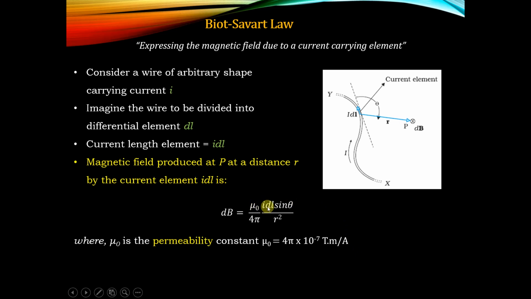I dl is the small current element which we have considered. Theta, as I said, is the angle between the tangent to the current element and the line joining the current element and the point where the magnetic field is produced. r is the distance between the current element and the point P.